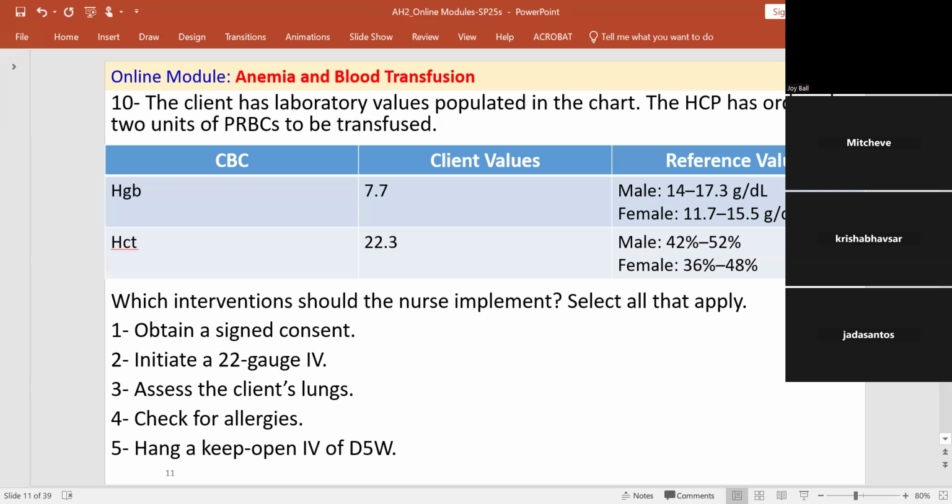The IV fluid, usually we keep the IV normal saline, right? We said normal saline, not the D5W. Why do you think we shouldn't hang it? When we do the white tubing, on one side the tubing will have the blood product, unit or bag.